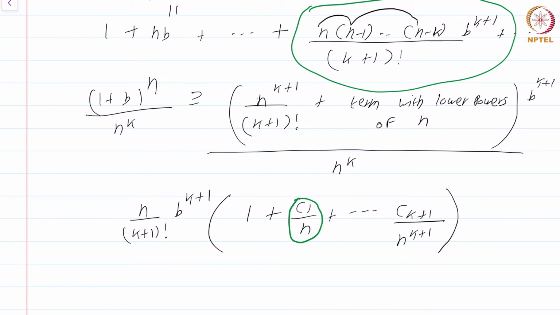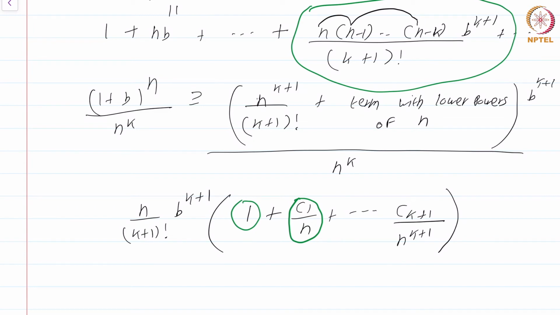And similarly, the final term will be a constant term out of which I am dividing an n power k and I am taking an n outside, so there is an n power k plus 1. Okay, and this 1 accounts for the very first term, which is n by k plus 1 factorial into b power k plus 1. Right? Now, why did I do this?